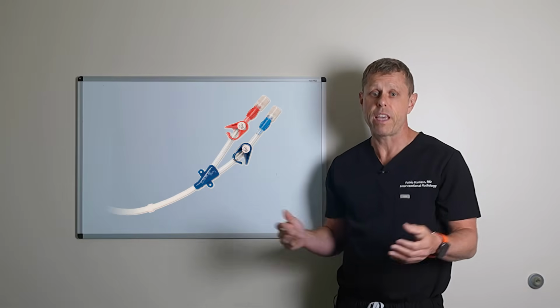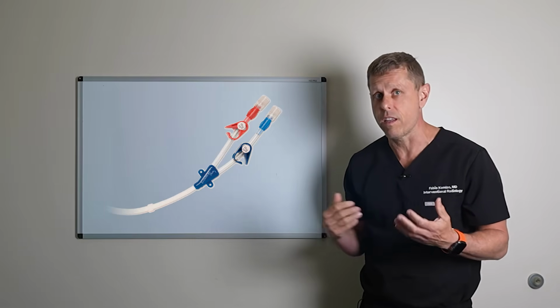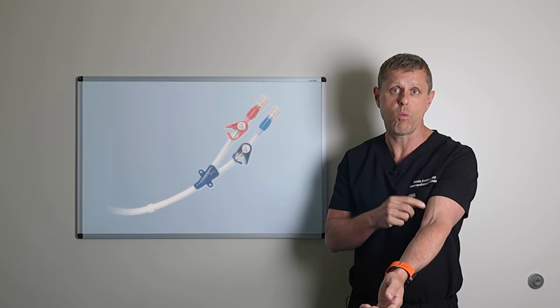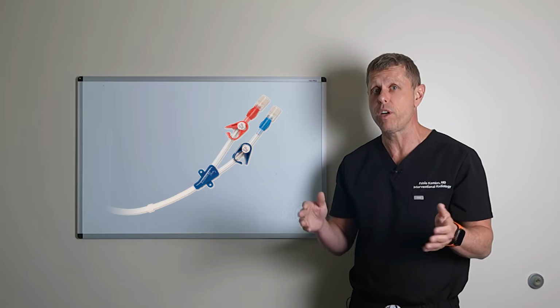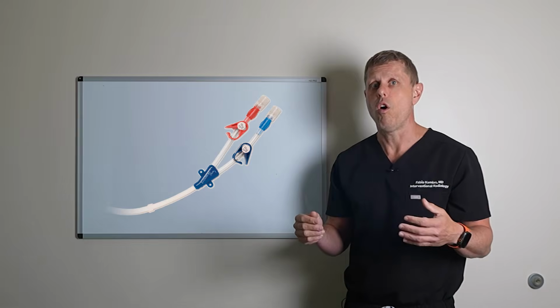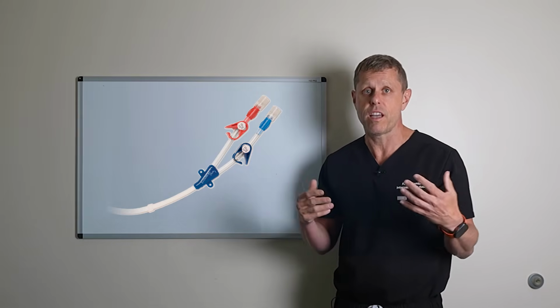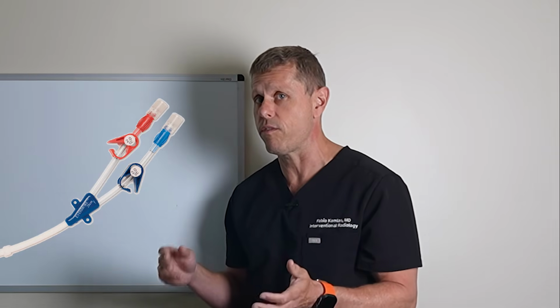So another problem that can happen with grafts and fistulas is the formation of ulcers where they are putting the needles, especially if they're putting the needles always in the same place, or even an infection of the graft or the skin around it. And that can be very serious, and most of the time if an infection actually happens in a graft, then the graft will need to be removed and a new access will have to be created.